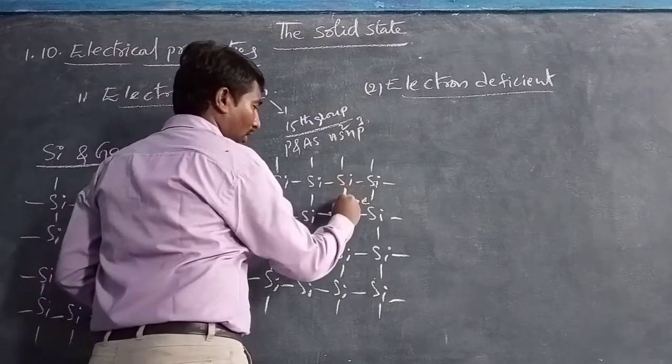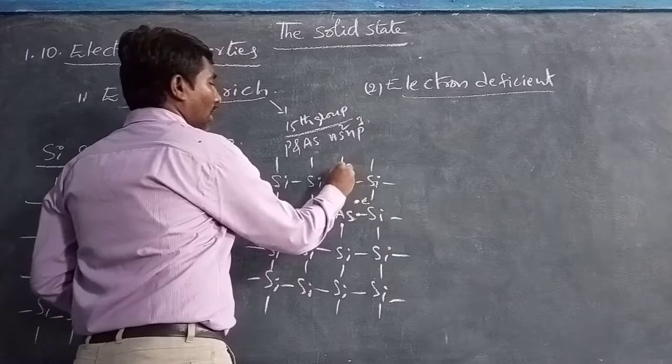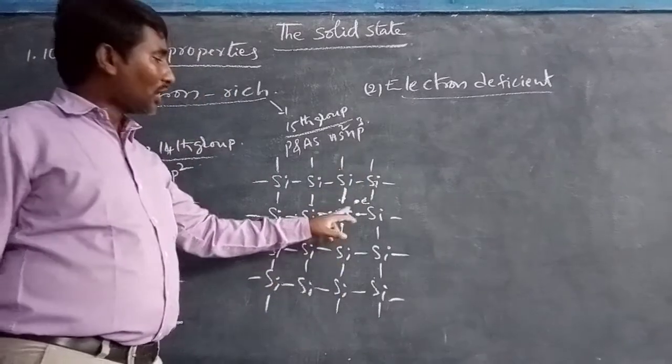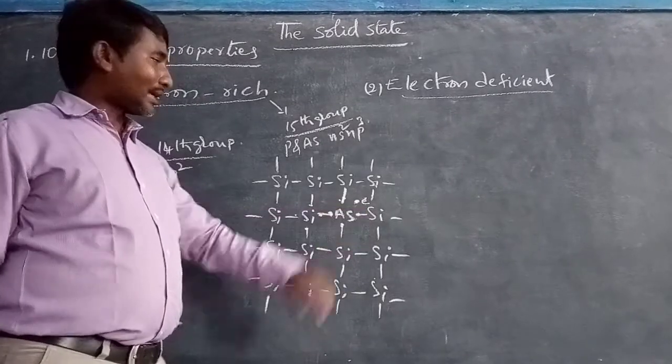Four bonds are formed, and this has 5 electrons, so one electron is extra.